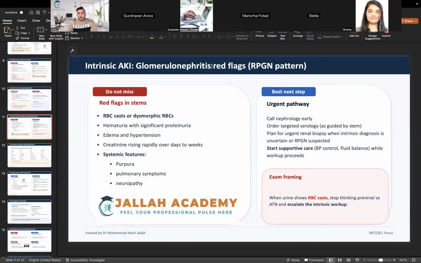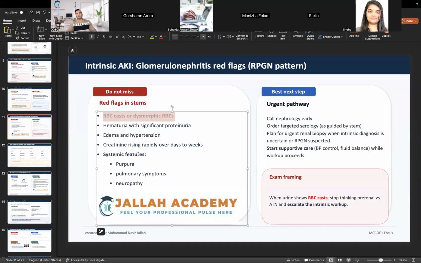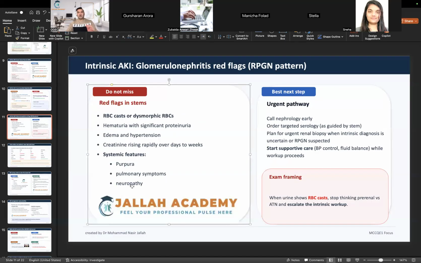Okay, so for the glomerulonephritis, out of all of them, these are the best things to remember. It makes it very easy. You have acute kidney injury, and when you do the investigation, you find the RBC cast or dysmorphic RBC.